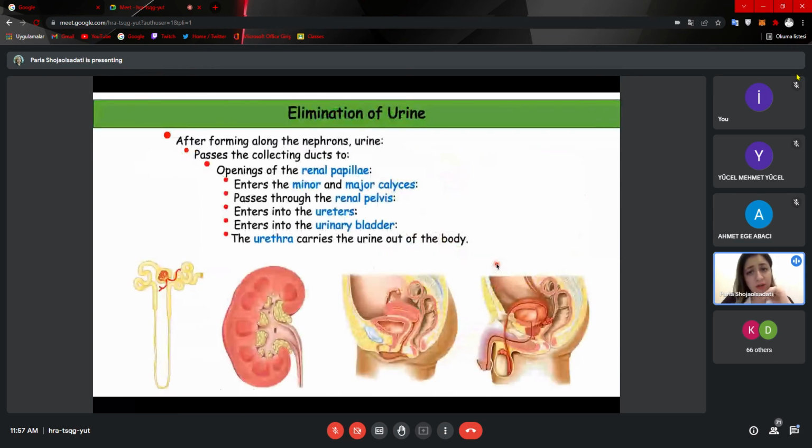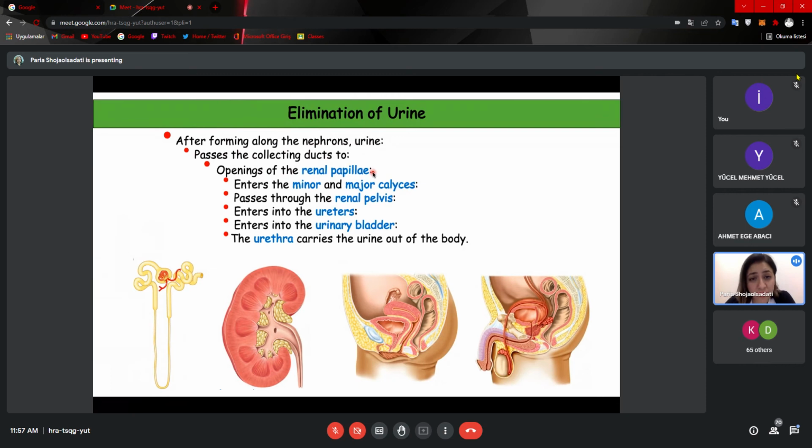Elimination of urine is important. We talked about that during the lectures, but I'd like to summarize it again. After forming along the nephron, urine passes to the collecting ducts. If you remember, these collecting ducts open to the renal papilla.